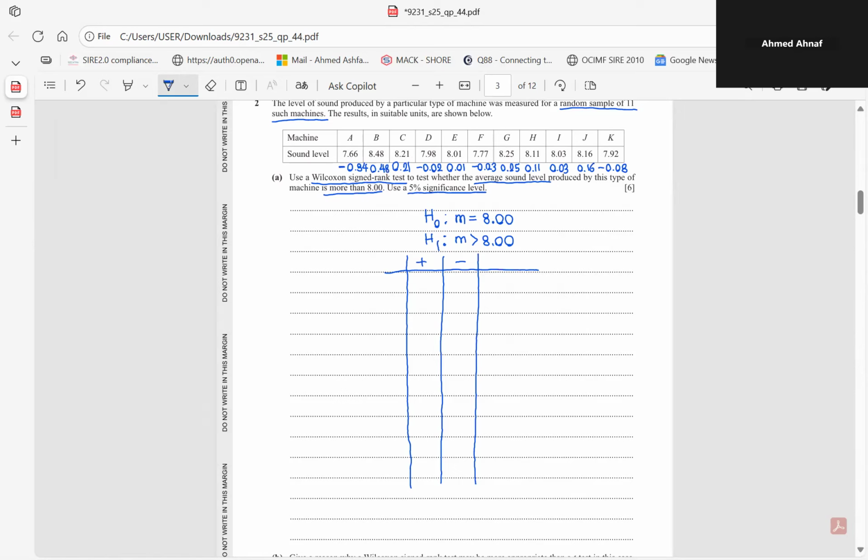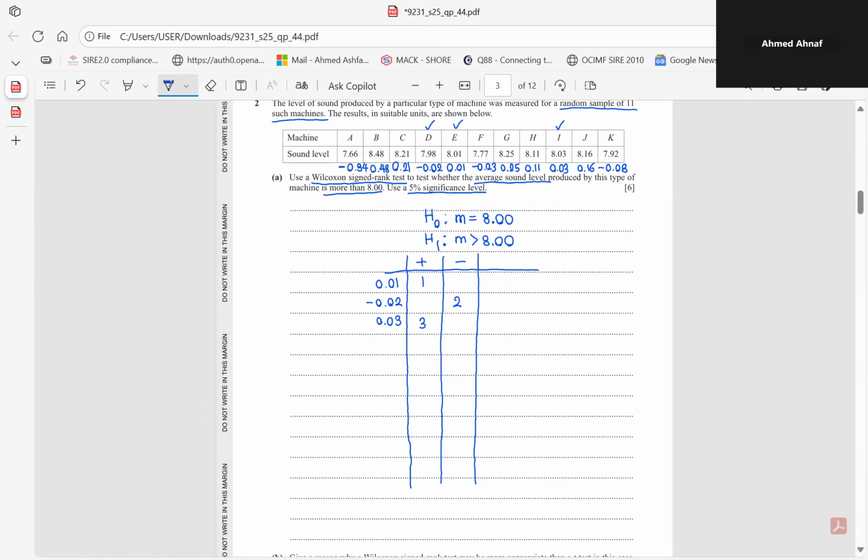Okay, so now let's rank these in terms of magnitude. The lowest one is 0.01, so that would get the first rank. Do we have negative 0.02? We do, yes. So this would get rank 2. Then 0.03 will get rank number 3.